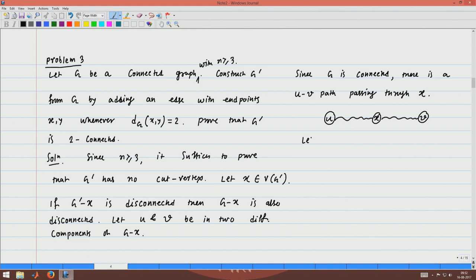Now, let A and B be two adjacent vertices of x on this path.